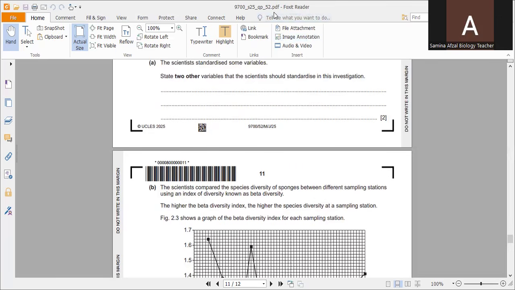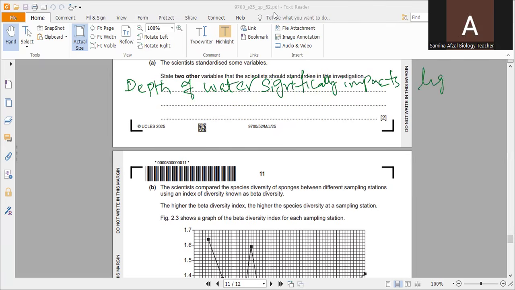because it will be easy to compare. Depth of water, because it significantly affects light levels and pressure.